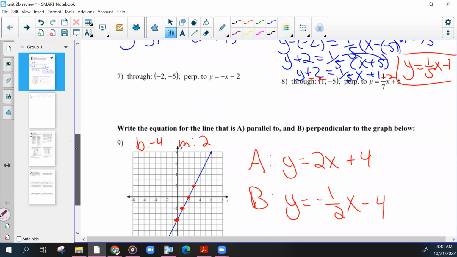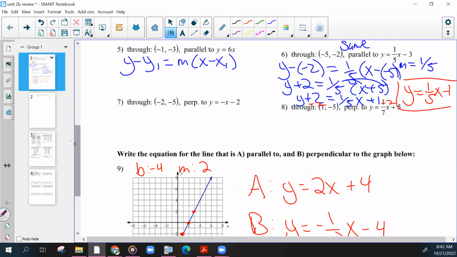Right, for number 8, this is similar to 6, except the slope has to change first. So it was 1/7, we're going to take that and flip it and make it negative. And then use that and the point given with our point slope equation. I'm going to do that over here. So y minus -5 equals -7 times x minus 1.